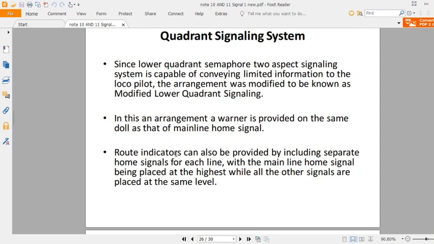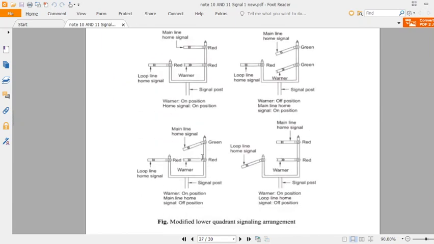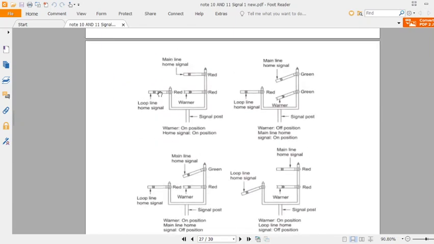In this arrangement, a warner is provided on the same post as that of the main line home signal. See the picture. Here the warner is provided on the same post as the home signal.